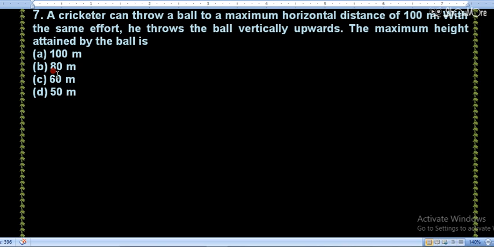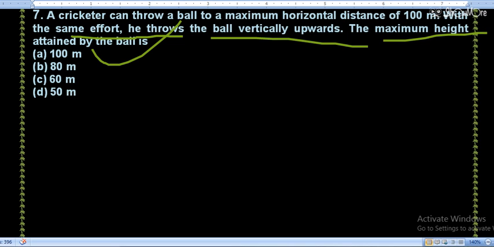So let's start the question now. The question is saying, a cricketer can throw a ball at a maximum horizontal distance of 100 meter. With the same effort, he throws the ball vertically upward. The maximum height attained by the ball will be.